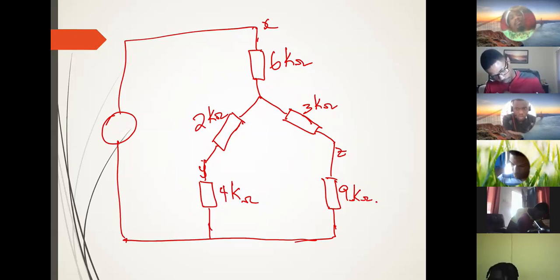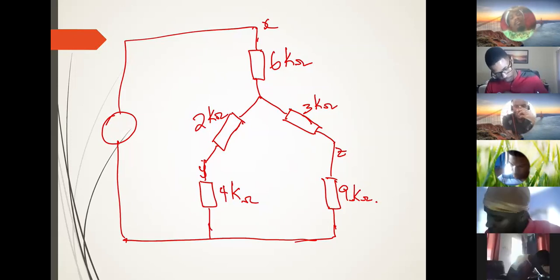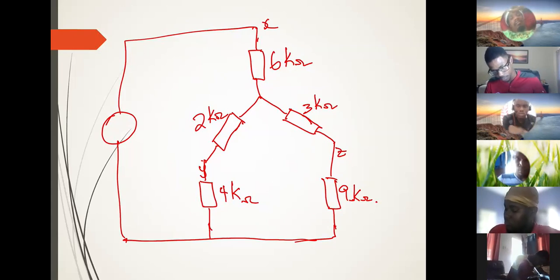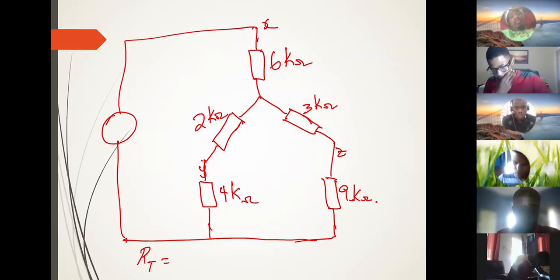The question asks you to determine the power supplied by the source, yes? So now that you have converted the delta to star, I want you to give me the equation for the total resistance. Looking at the network you now have, what will that equation be?